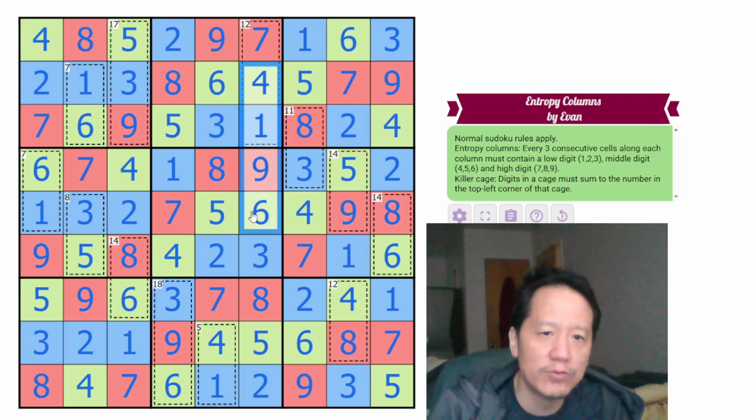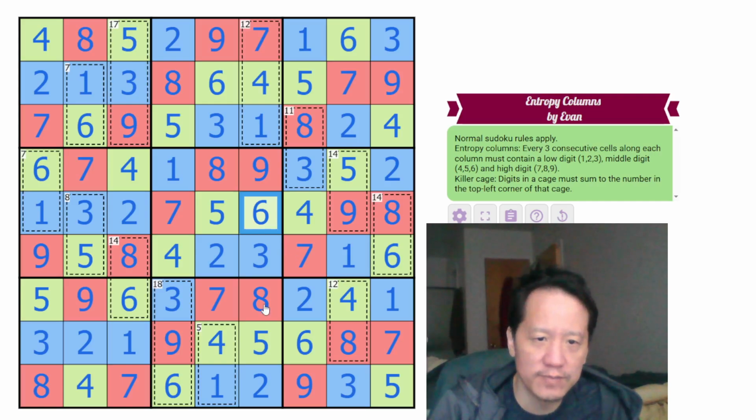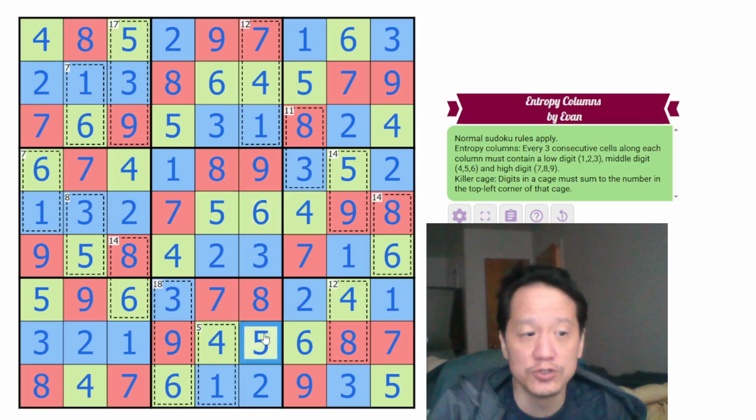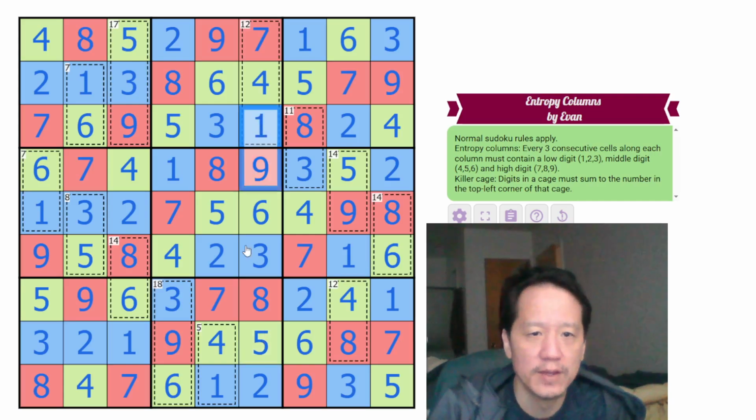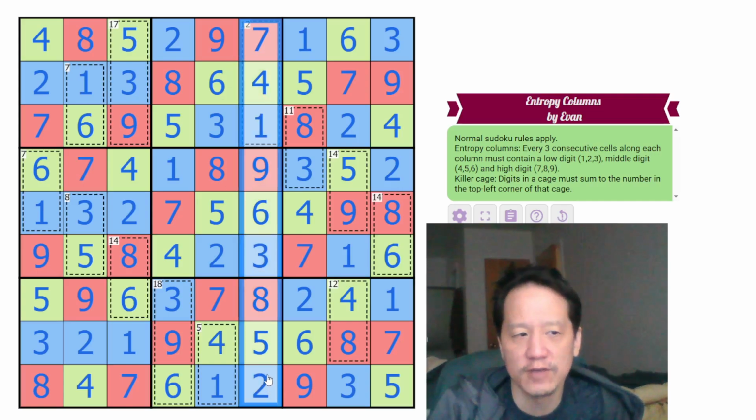And you can always follow that pattern, right? Where every third digit has to be in the same set. This middle has to be the same set as this one, which has to be the same set as the one that's 3 away. And that's how entropic lines actually usually work. It's just that in this setting, every column was essentially one long entropic line, if you think about it that way.